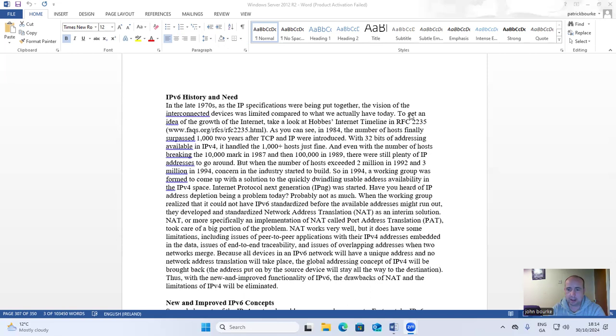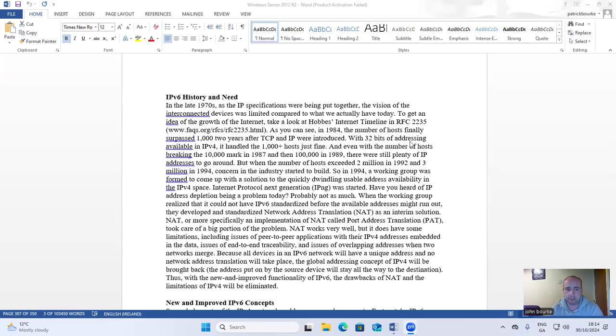To get an idea of the growth of the internet, take a look at Hobbes' internet timeline in RFC 2235. As you can see, in 1984, the number of hosts finally surpassed 1,000, 2 years after TCP and IP were introduced.